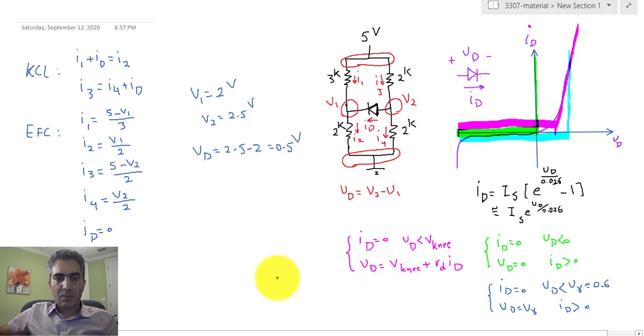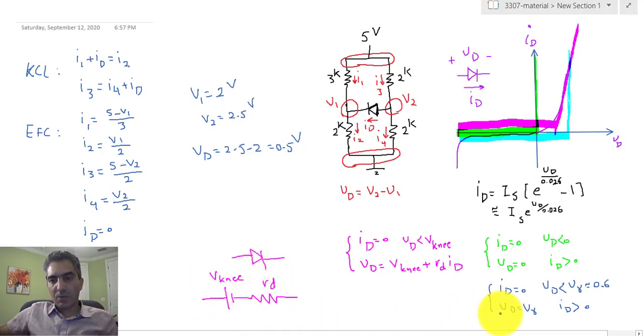So now what it really means is that you're taking the diode, this equation right here, if that's the equation that you're using, and you're replacing it with a model like this: a power supply, which is equal to a battery, with that V knee, and then RD. So you're equating the diode with something like this.